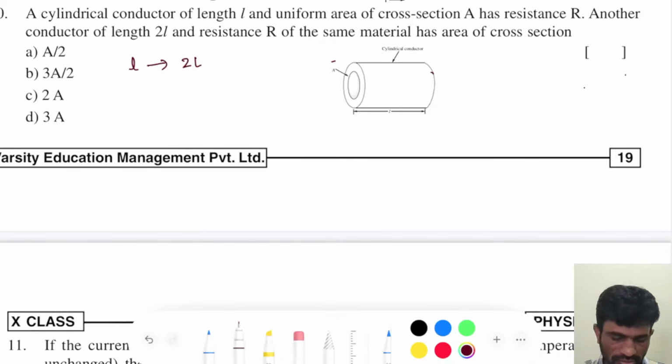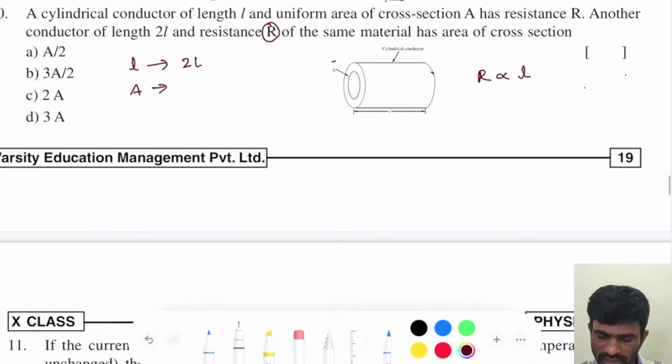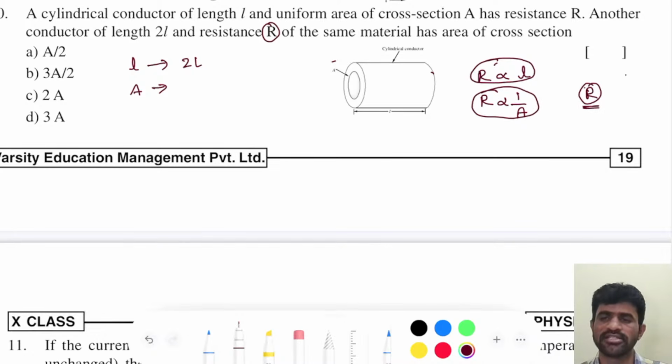Then we have to see how the area should change so that the resistance is maintained the same. We know resistance is directly proportional to L and inversely proportional to area, and you want the resistance to be the same.